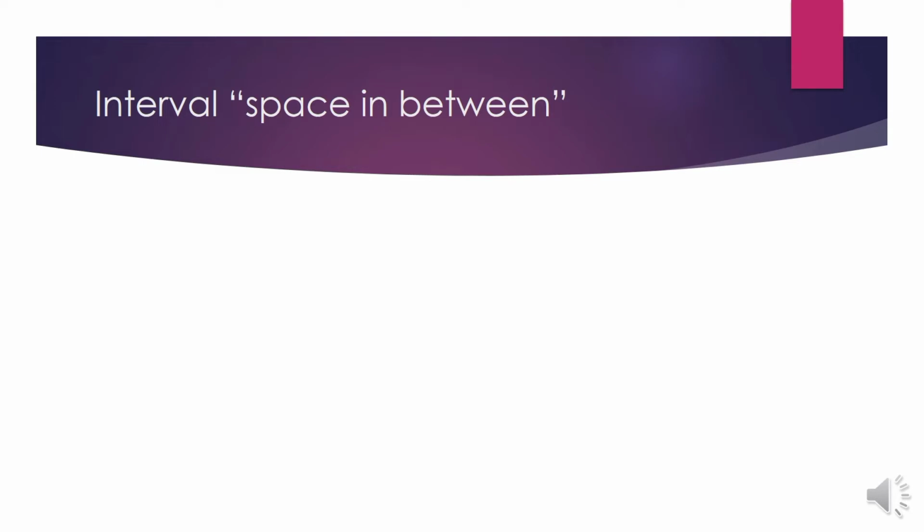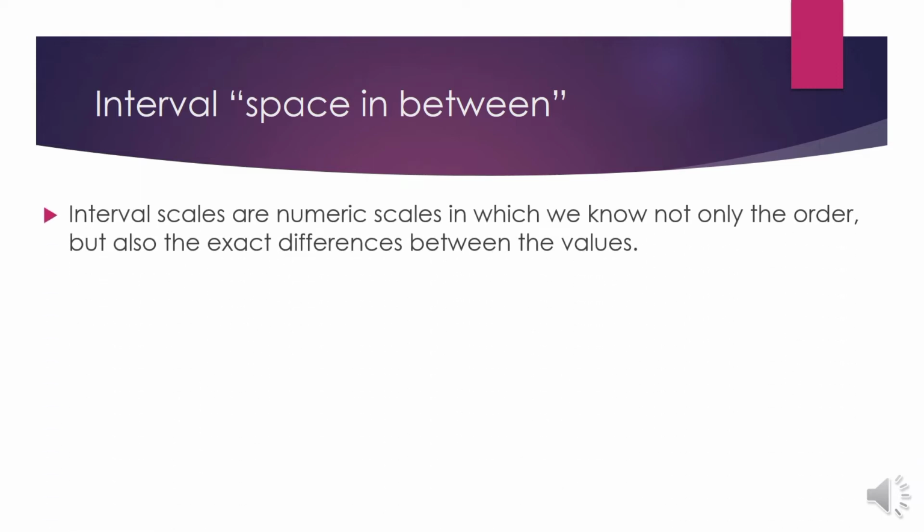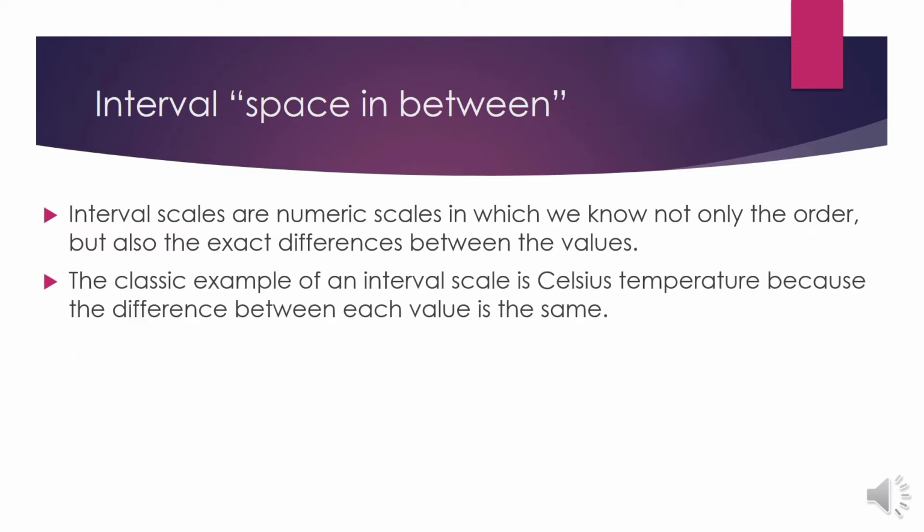Interval scales are numeric scales in which we know not only the order but also the exact differences between the values. The classic example of an interval scale is Celsius temperature because the difference between each value is the same.